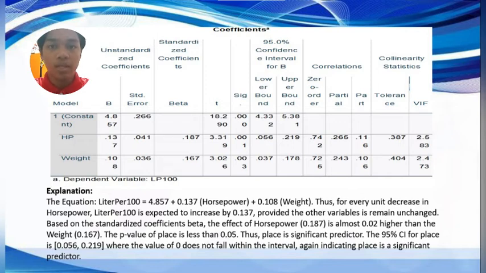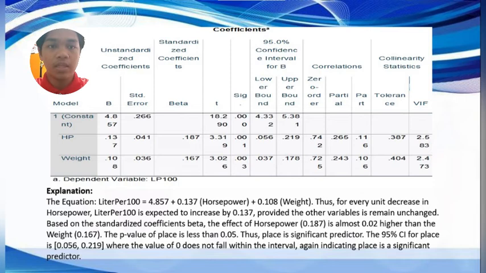Based on the standardized coefficient beta, the effect of horsepower, 0.187, is almost 0.02 higher than weight, 0.167. The p-value of place is less than 0.05. Thus, place is a significant predictor.